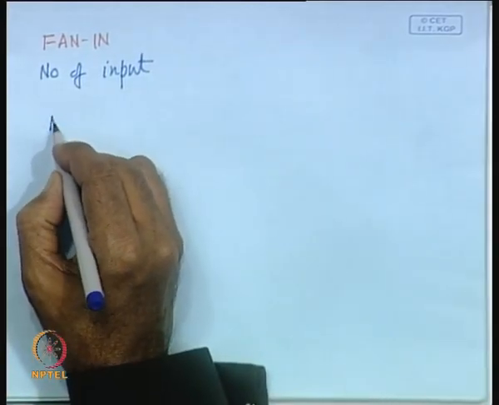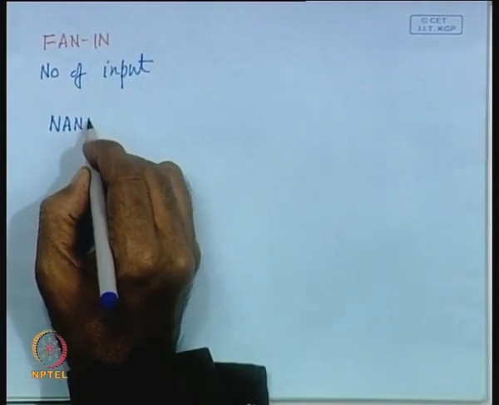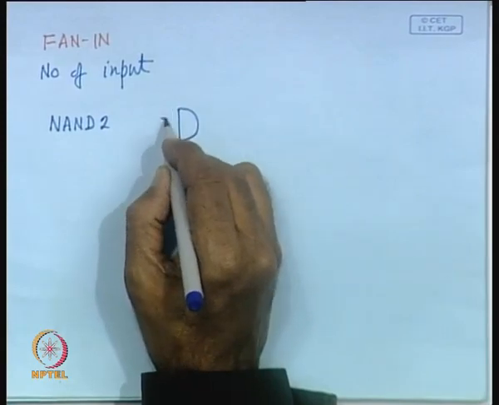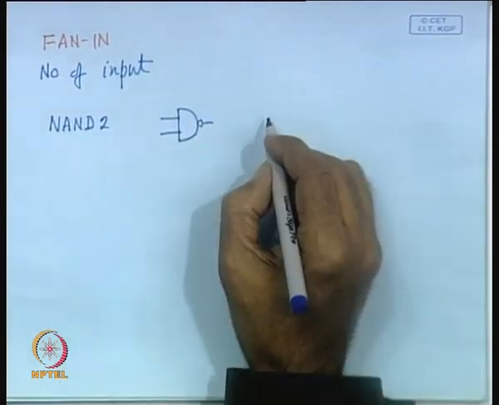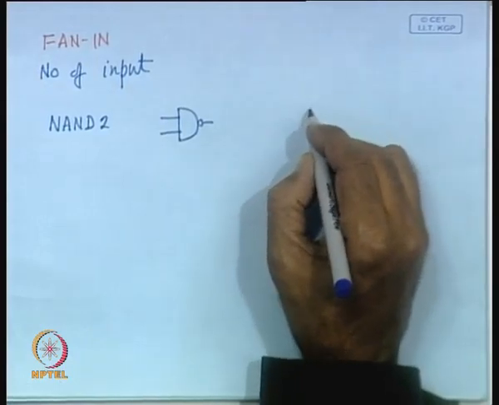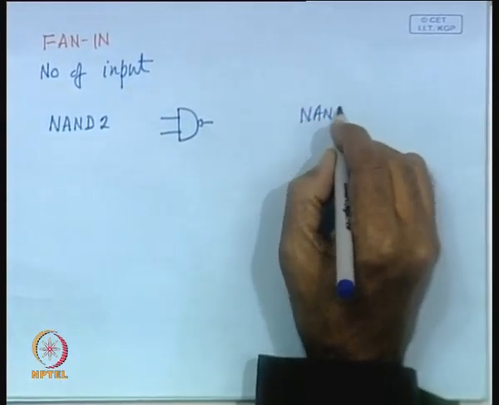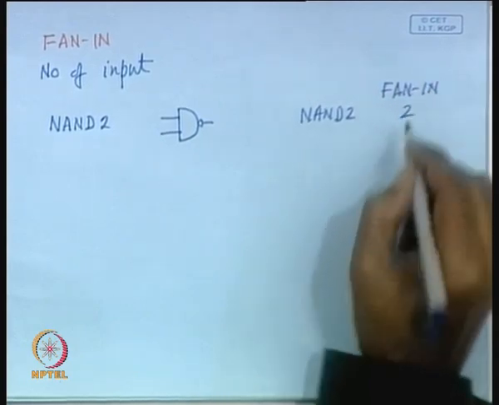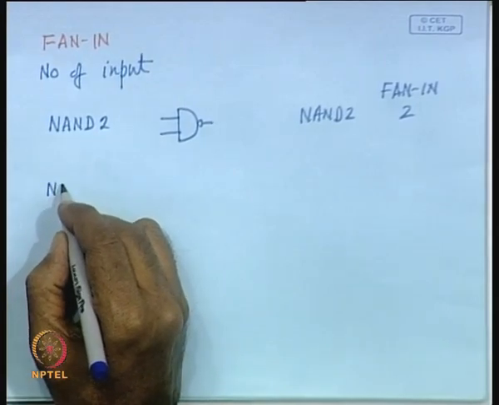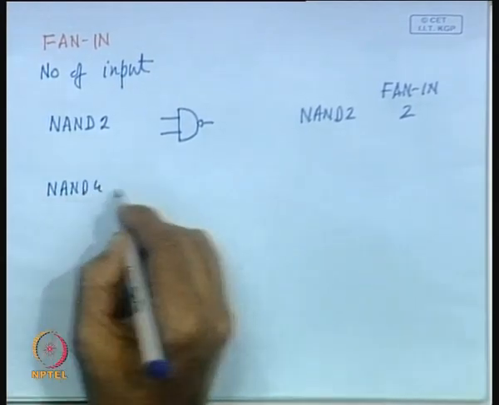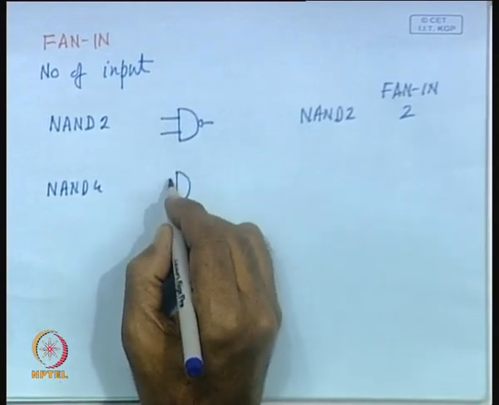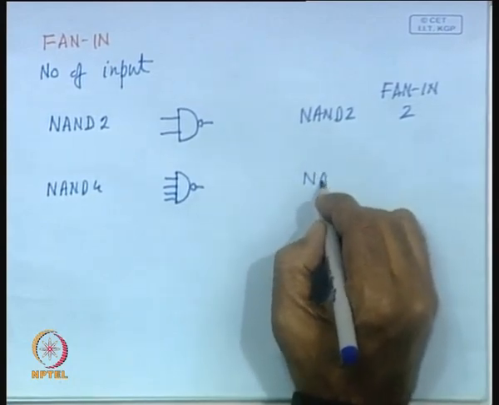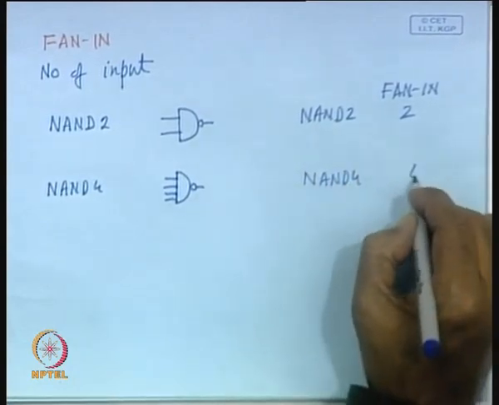First, let us consider the NAND gate. NAND 2, where we have 2 inputs. So, here fan in is 2. Then we can have a 4 input NAND gate, NAND 4, where the number of inputs is 1, 2, 3, 4, and for NAND 4 fan in is equal to 4.